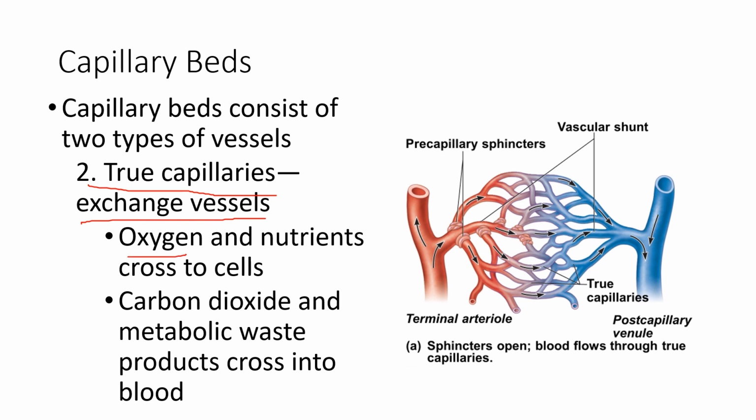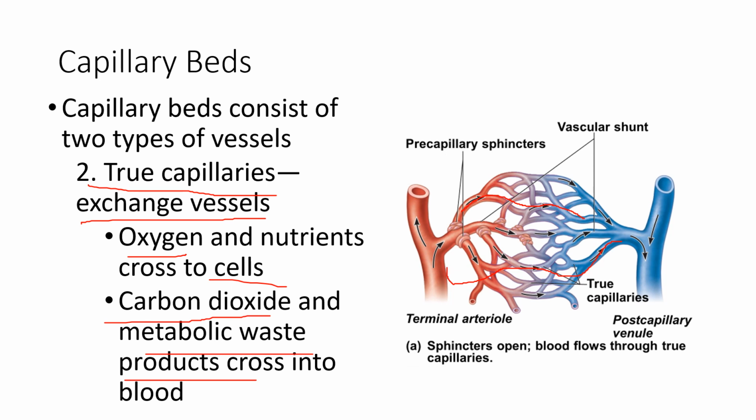Oxygen and nutrients cross the cell, and carbon dioxide and metabolic waste products cross into the blood. Lateral to the vascular shunt are the true capillaries.